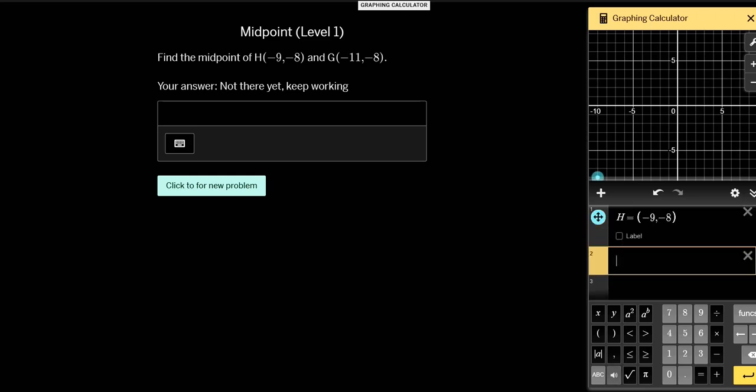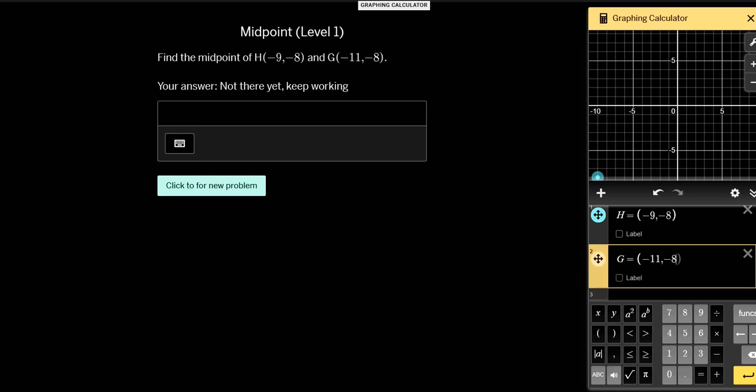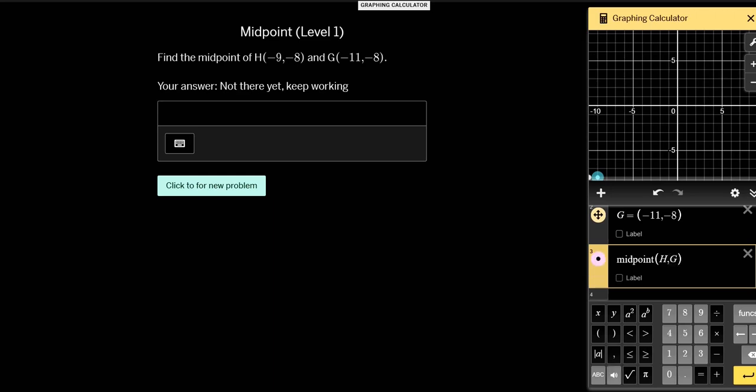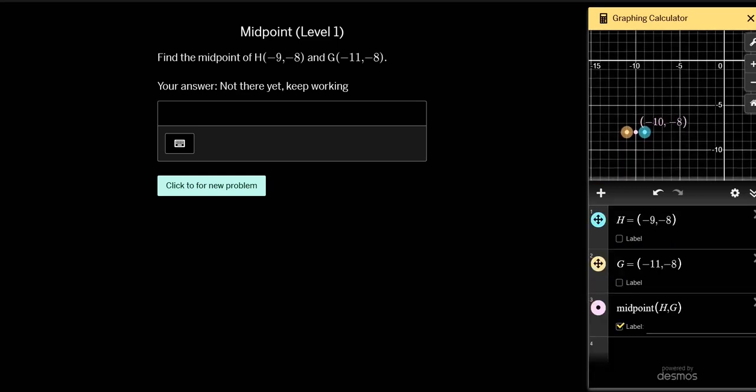And then I can say that g is equal to, and then its coordinate, so negative 11, comma, negative 8. And then I type in the word midpoint. And I want the midpoint of h, comma, g. And then I click on the label option so I can see it clearly on the graph, and there's my midpoint, negative 10, negative 8.